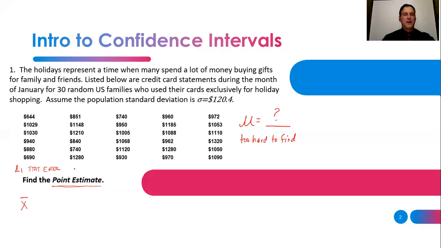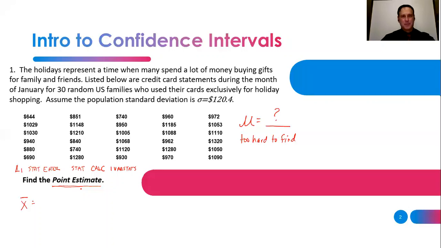And then to find the x bar, remember it is the one-variable stats command. The way we do that is we hit stat again, and then we scroll over to calc, and it's the first item. It's one variable statistics. The first item you'll see is your x bar.